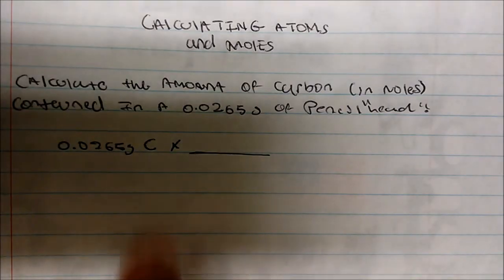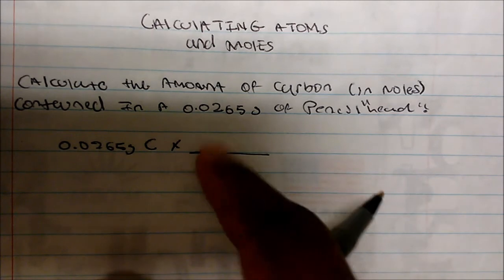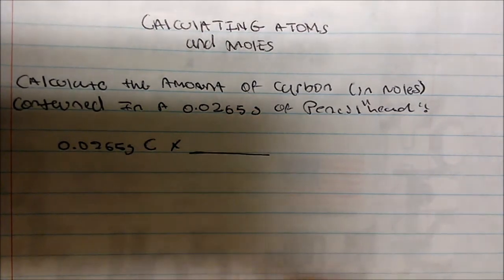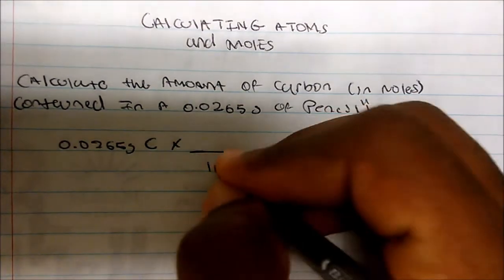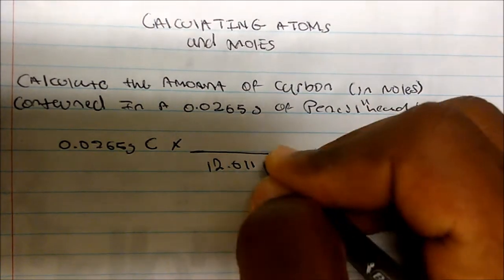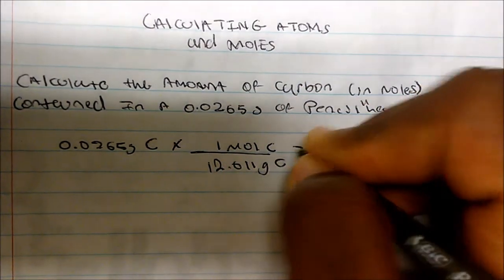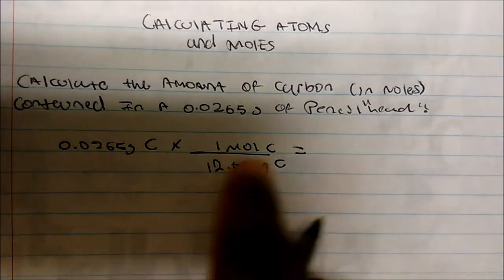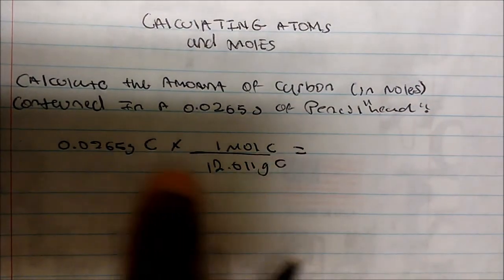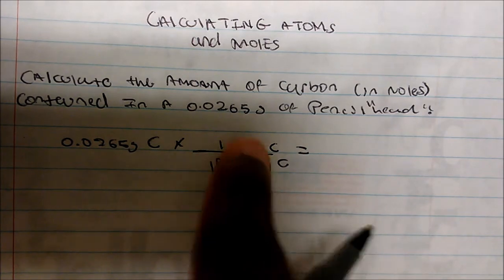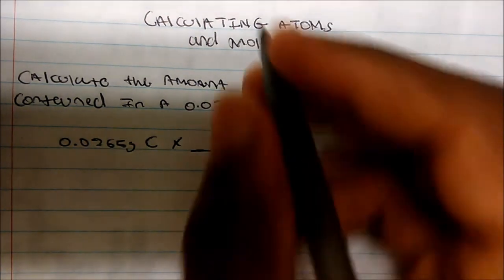So that's the conversion. And if I look at that, in this case, where do I want my grams to be, on the top or the bottom? Well, if I'm going to moles, I need my grams to be on the bottom. So this would be 12.011 grams of carbon for every 1 mole of carbon, okay? The reason I wanted grams on the bottom is that I'm going to moles, and if I multiply these two, grams will cancel, and the only unit left is mole.